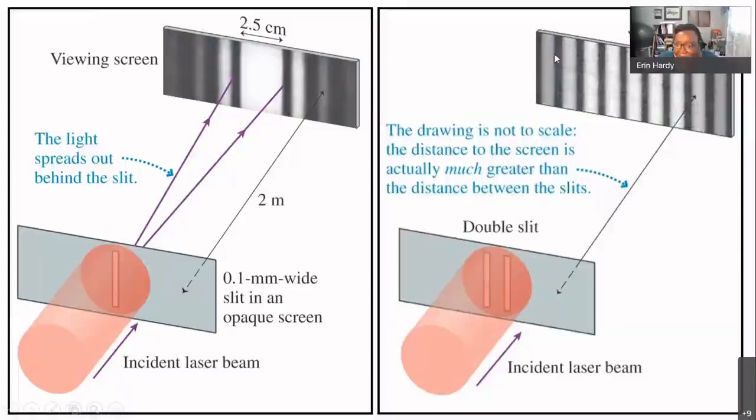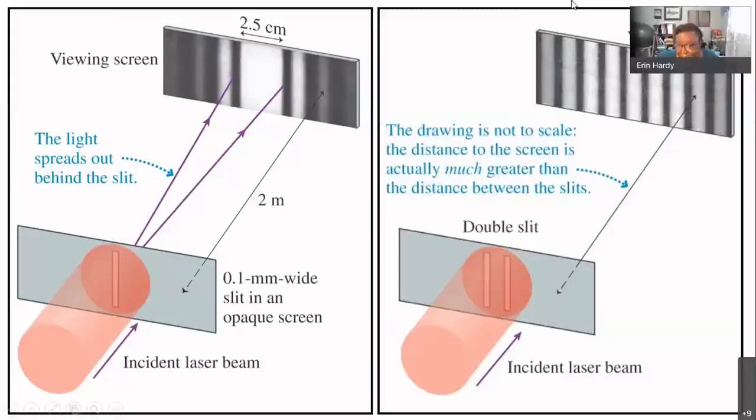So you get this kind of odd, probably surprising pattern for the double slit, and one that is kind of difficult to guess, probably not how you would imagine a pattern from a single slit falling on a screen like this. But we're going to start with the double slit example because it's a little easier to understand, and then we're going to loop back to the single slit, I think, at the beginning of the second half of this chapter.